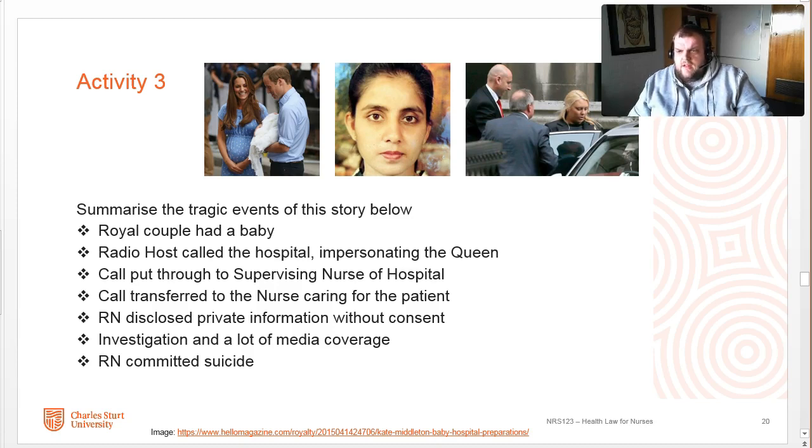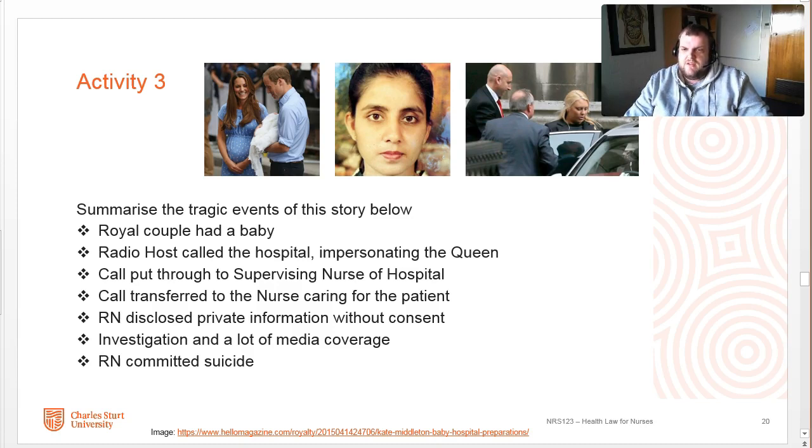So in terms of a case, the important part of this is, even if you literally think it's the Queen calling, it's still appropriate to get consent, or to hand the phone over and get the patient to talk to the Queen rather than you trying to disclose information. I've talked last year about how difficult this conversation would be.